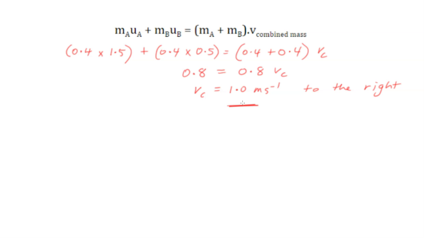The initial velocity of vehicle A is 1.5, so we know it's going to be less than that. And the initial velocity of vehicle B is 0.5, so we know it's going to be more than that because it's being collided with from the same direction by another vehicle. So I'd say that makes sense.